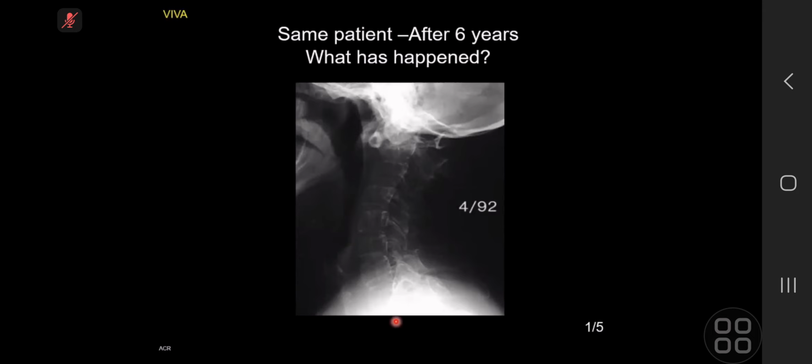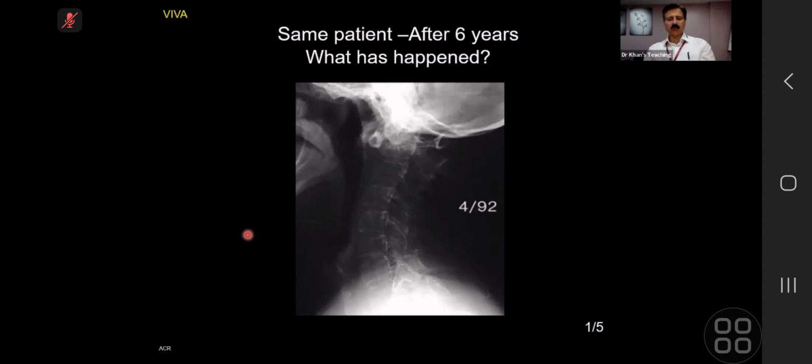I cannot see the dens on this lateral projection, which is quite unusual because it's mostly concealed or shadowed by the mastoid bone. So your conclusion is, as you have already elaborated, what word did you use? Basilar invagination, okay.